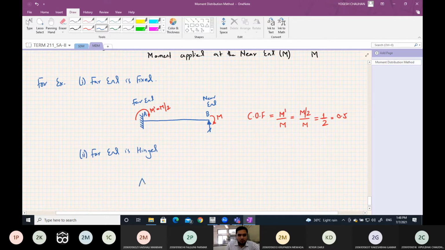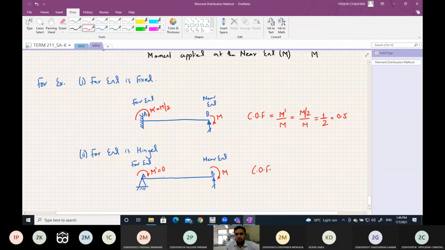So in case of far end hinge, this is far end, this is near end, and this is A, this is B. And let the moment M be applied at B. So the moment induced at A will be M dash, but since it is a hinge, it will be 0.